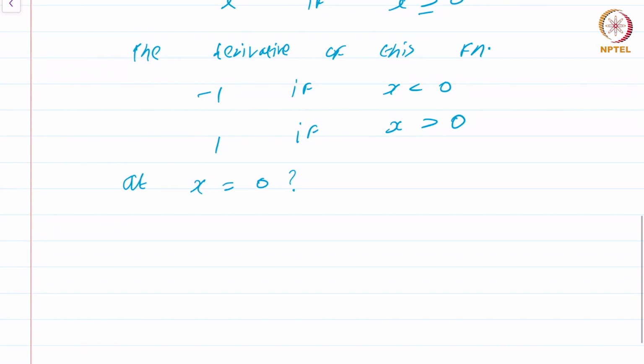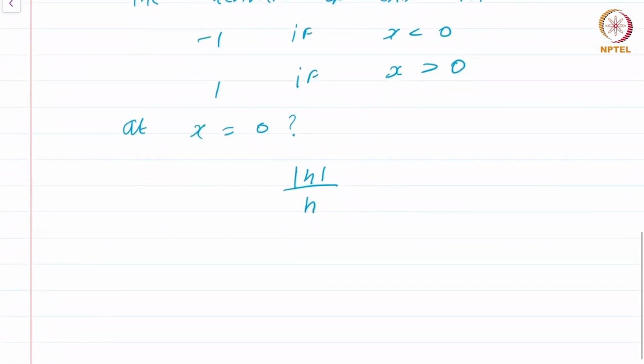Well, let's check what happens. You have to take mod of x plus h minus mod x by h. And here x is just 0. So you just have to take mod h by h. This is the result of the Newton quotient.